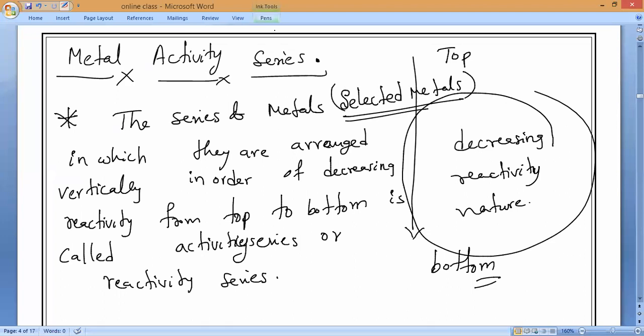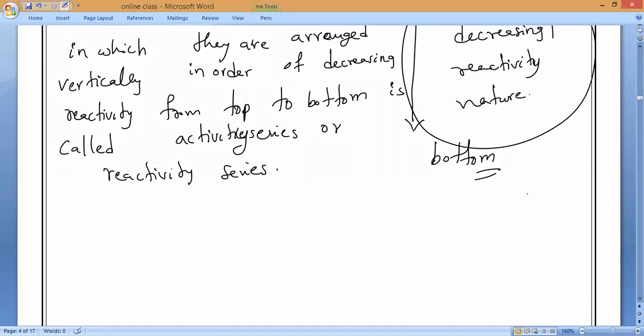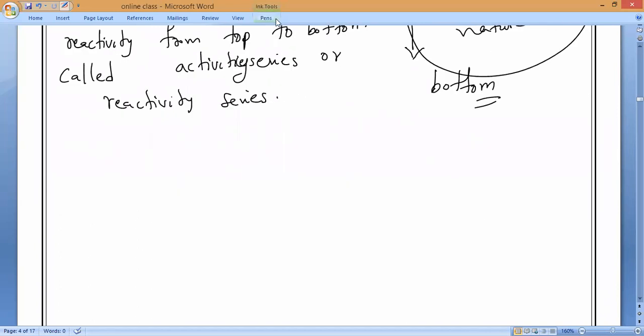As I told you, when you are moving from top to bottom, reactivity nature will decrease. So you might ask me, sir, what do you mean by reactivity?